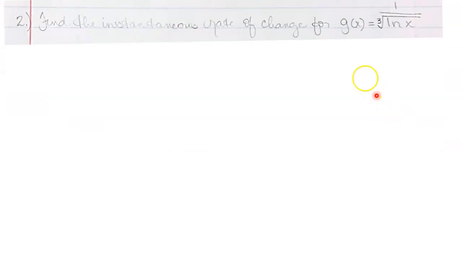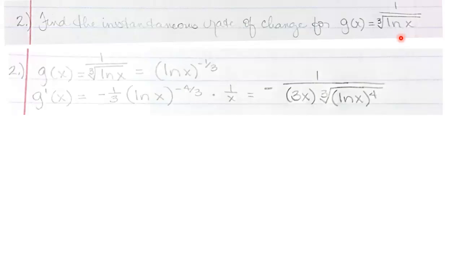All right, then number 2, instantaneous rate of change, another name for derivative. I want to try to get rid of my quotient here because I don't want to do denominator times derivative of numerator minus numerator times derivative of denominator all over denominator squared. So instead, I'm going to rewrite this with an exponent.